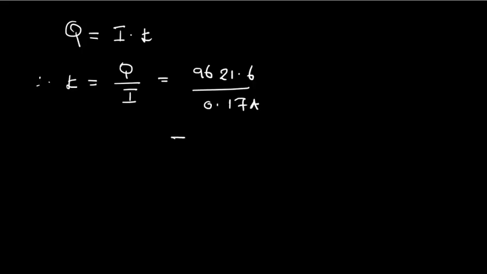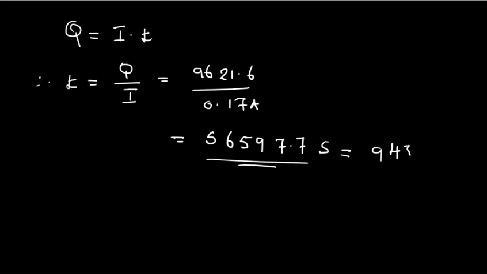So if we punch now, divide by 0.17, we expect to get 5,659 7.7 seconds. So this is the time in seconds, which you can simply convert to minutes if that's the case. So in minutes this would be somewhere around 9:43 minutes.